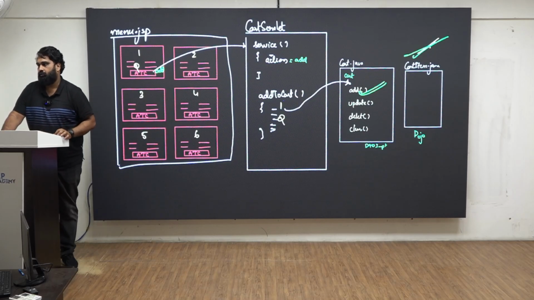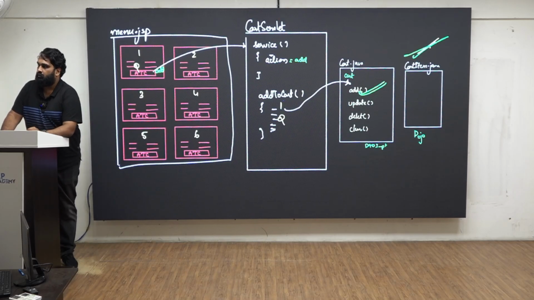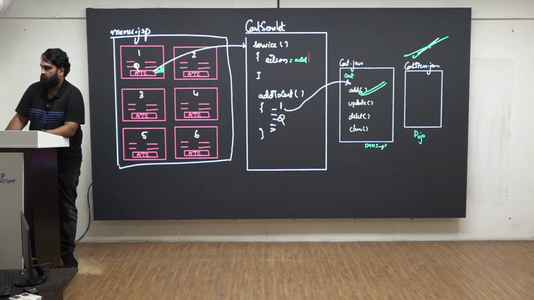Right click, new JSP, menu.jsp. And what is the other one? Cart servlet, right?